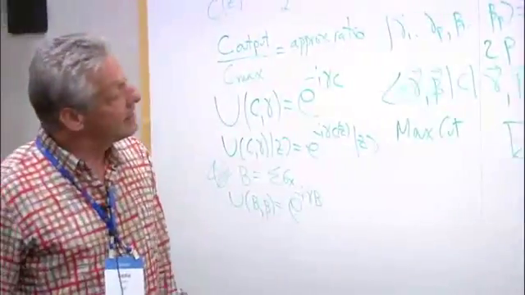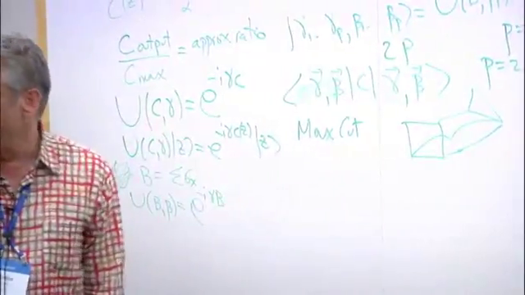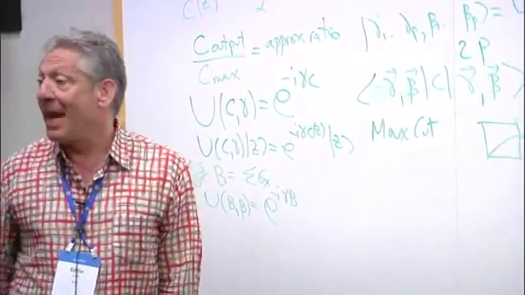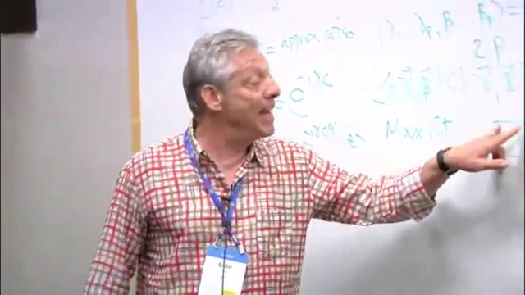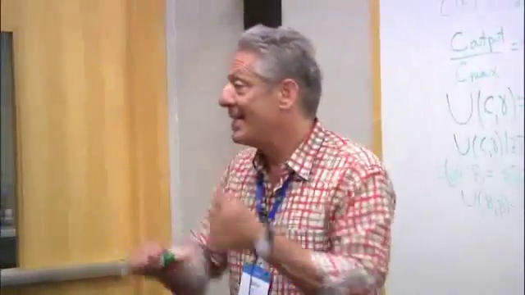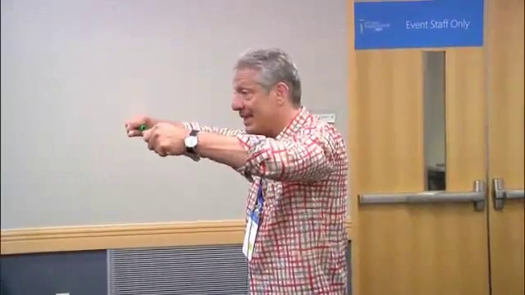And the idea is I want to put bits on the vertices, and my constraint says that the bits should disagree. That's how you get the cut. So I want to put down bits on the vertices, and I want to maximize the number of disagreements.